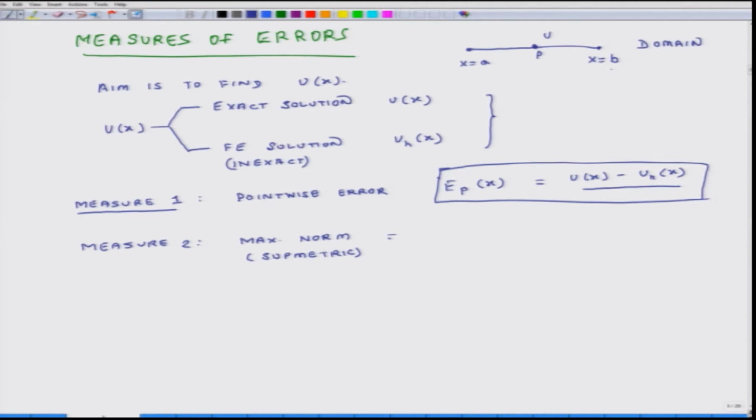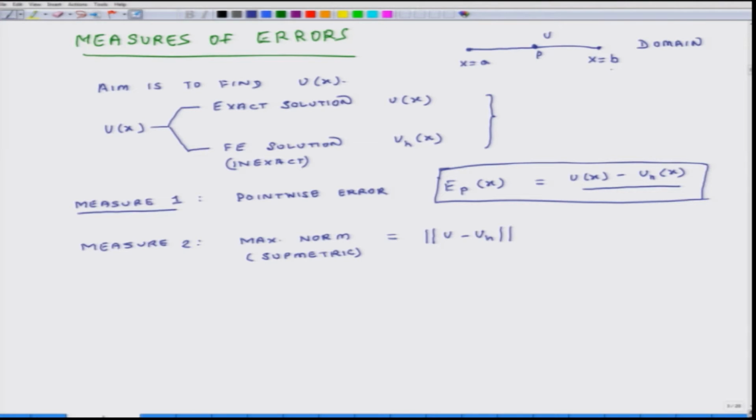This is the format in which it is written: u minus u h. I am just omitting the x, but u is a function of x and u h is a function of x.